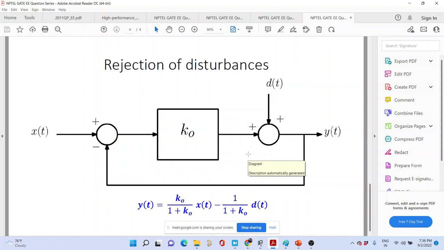If the gain becomes infinity, that means this term becomes equal to unity. Infinity by infinity, so it becomes almost unity. So if you are tracking a DC signal and you are using an integrator or a PI controller, the steady state error becomes 0. That is because the gain of the PI controller or integrator at s equal to 0 is infinity. That is the main reason why you get a 0 steady state error for a PI controller.